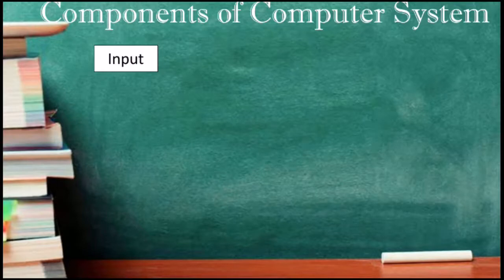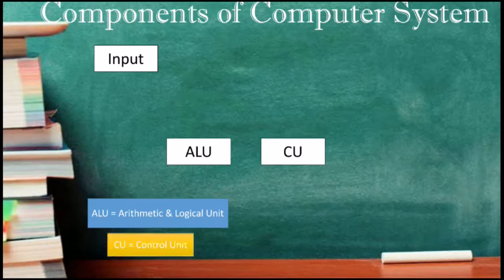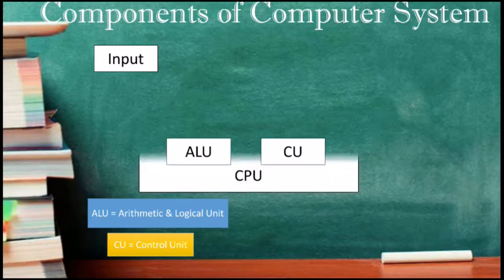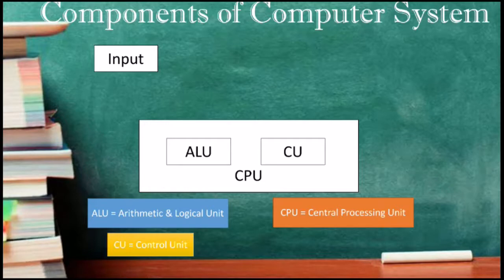So the first component is input. The second one is ALU, that is arithmetic and logical unit. Next one is CU, that is control unit, and combination of ALU and CU is called CPU, which is central processing unit.